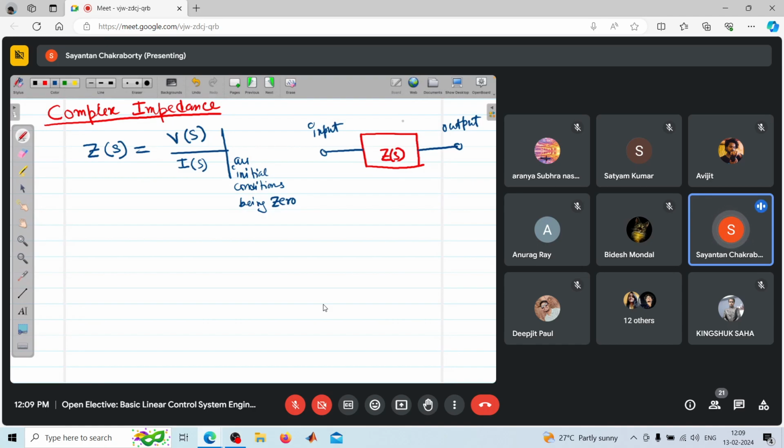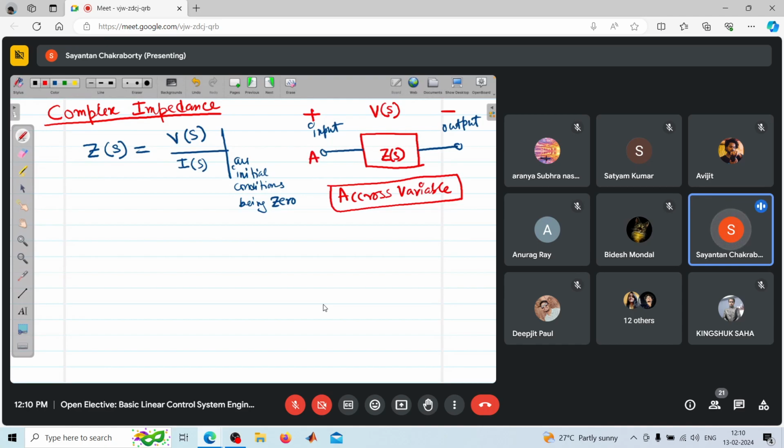Now, it's a two terminal network. Then, how do we define this Zs as a transfer function or a ratio of input by output? For that, we need the concept of two more variables. One is across variable. There is a variable that appears across the element, and in this case, the across variable will be the voltage across the two terminals.